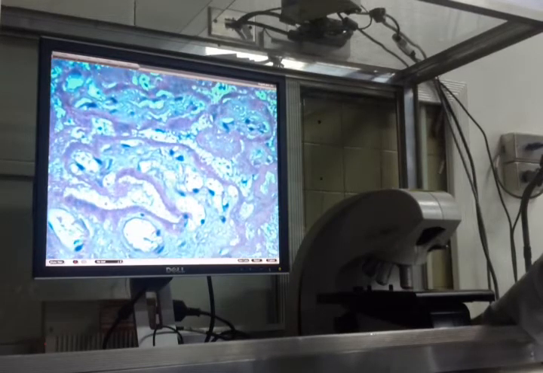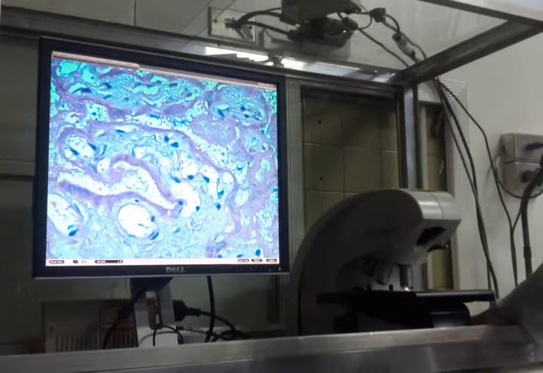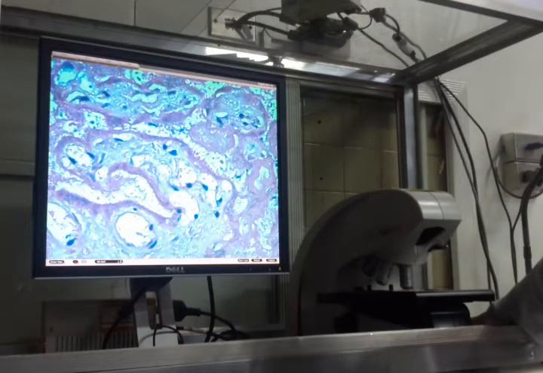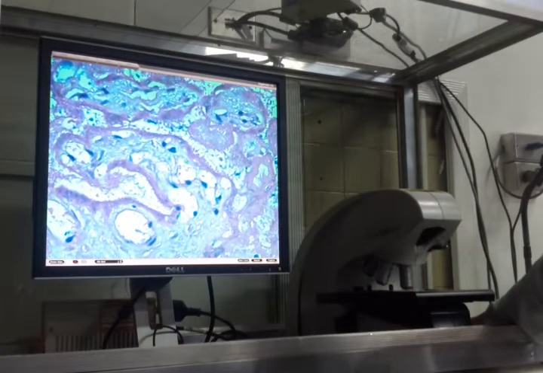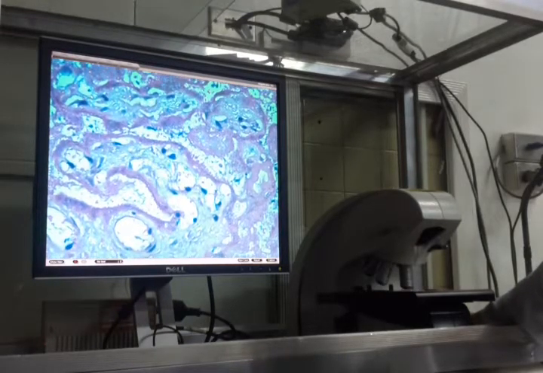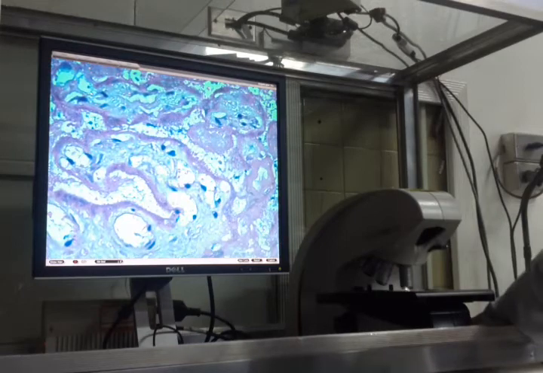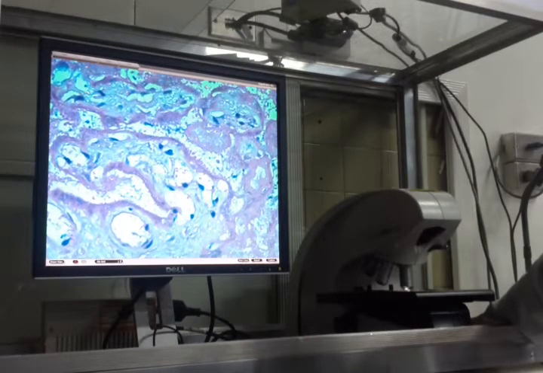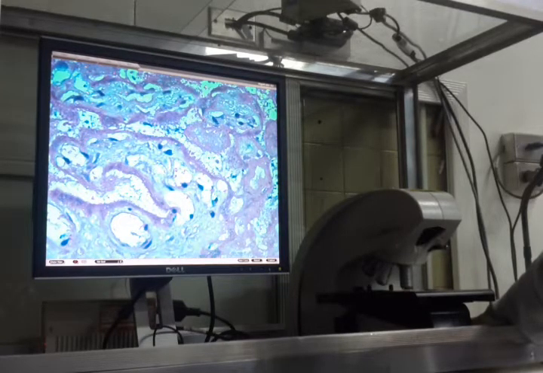What is the necrosis? Coagulation necrosis. What's the usual cause? All coagulation necrosis is caused by hypoxia. Okay? But the reaction of the brain is different.